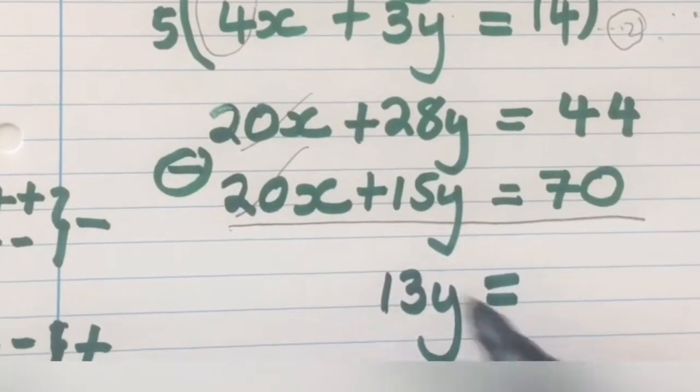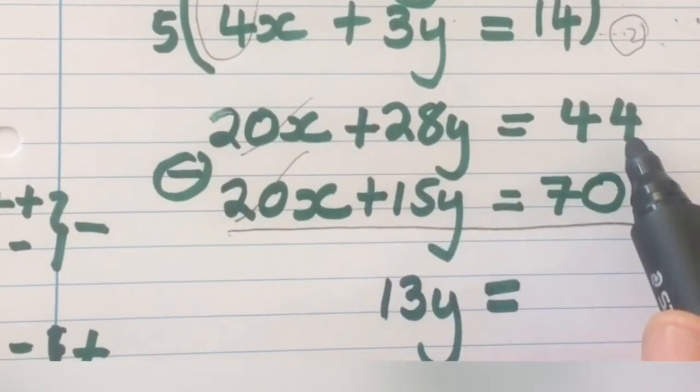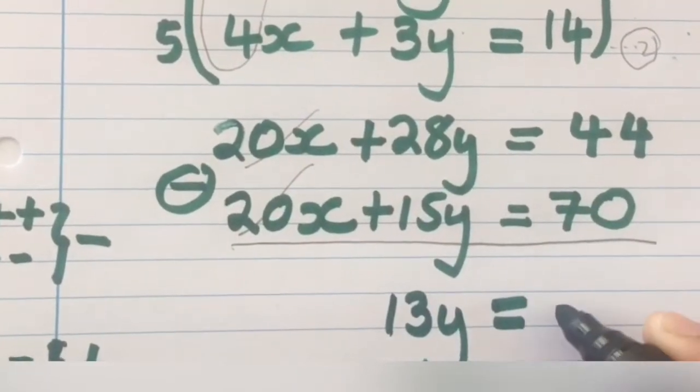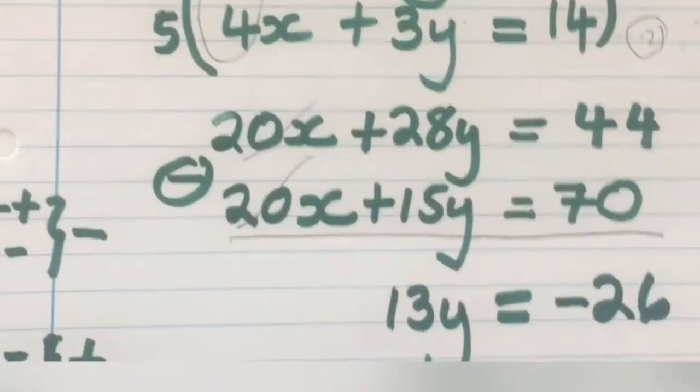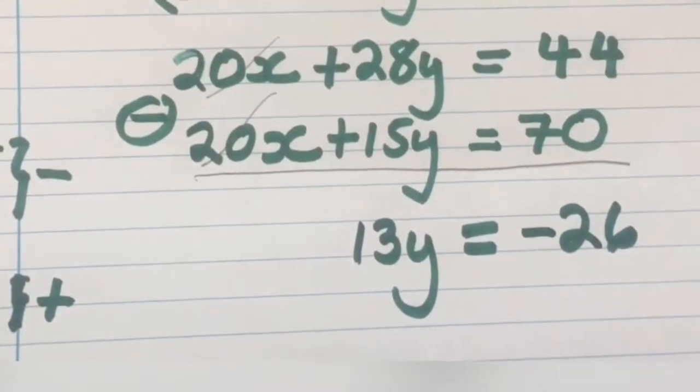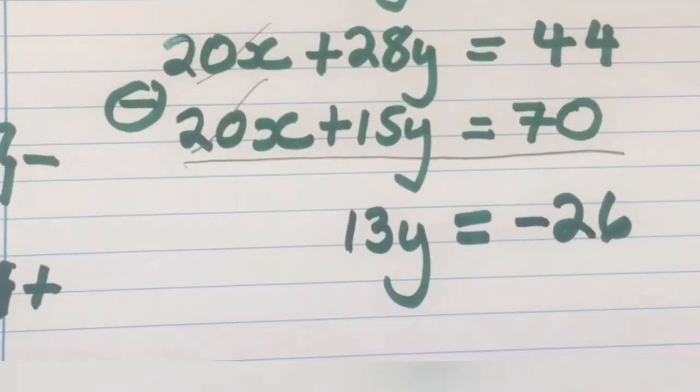So the equal sign, I just copy it down. Then I'm going to say, what is 44 minus 70? That will give me negative 26. So I can see that now x is eliminated, and that's why we call it elimination.